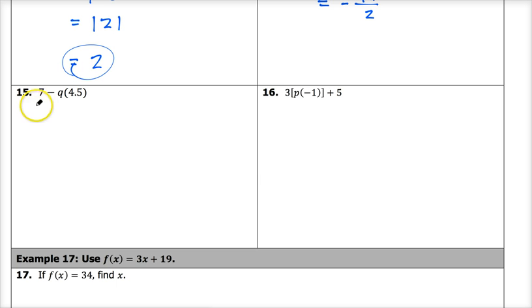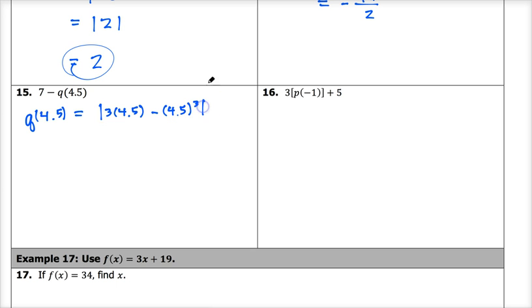For 15, this is asking us to take 7 minus q of 4.5. So we're going to start by finding what q of 4.5 is. So q of 4.5 is going to be the absolute value of 3 times 4.5 minus 4.5 cubed.